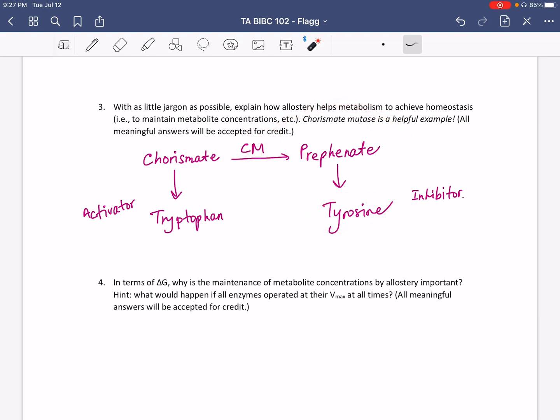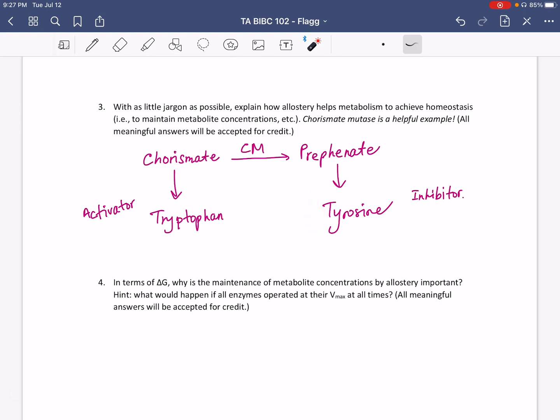When chorismate mutase decreases this reaction, so not a lot of chorismate is going this way into prephenate, chorismate will begin to turn into tryptophan. And so you see how now the concentration of tryptophan rises and eventually tyrosine will go down.